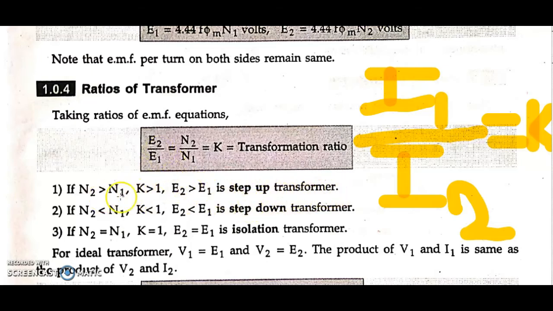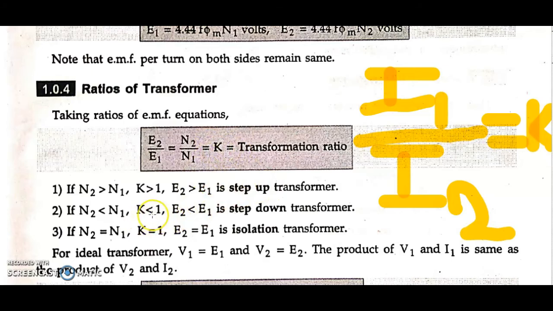Now if N2 is less than N1, that means smaller divided by bigger, you will obviously get values in decimals, like 0.something. So K value will always be less than 1.